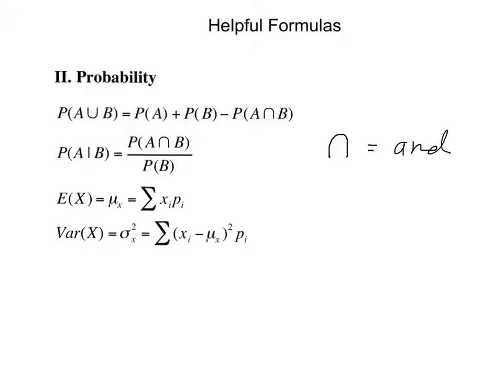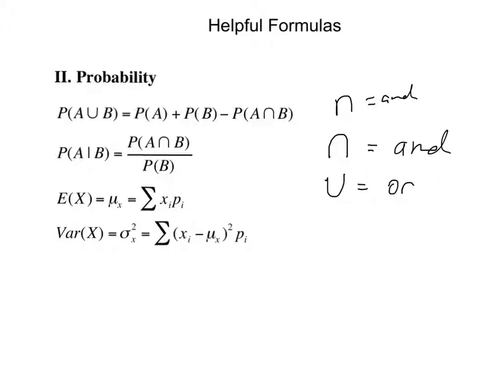This other one kind of looks like a U, that means or. So how I remember this is if you just kind of go like that, this looks like an N. So N is an and, so this is and you know that the other one is or.